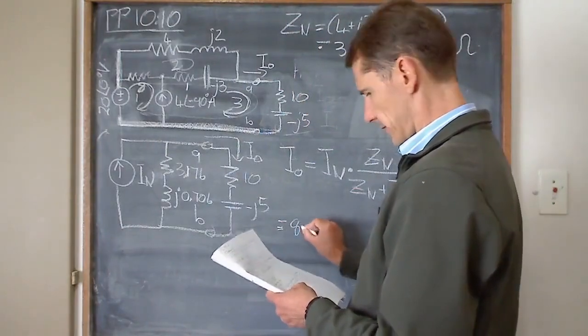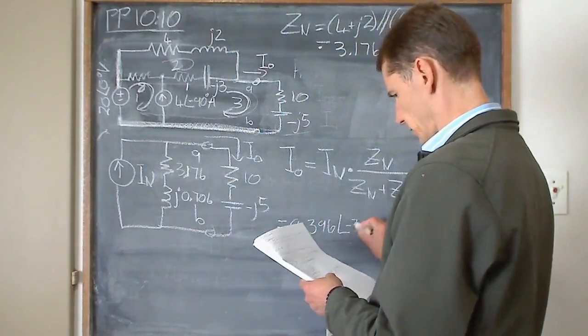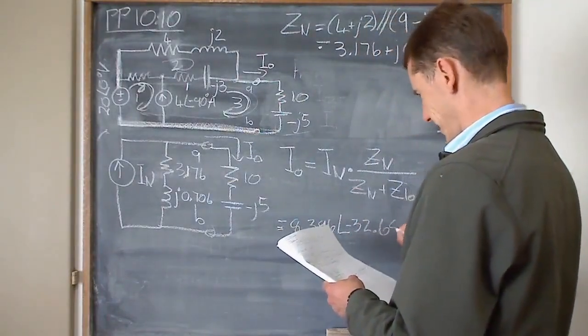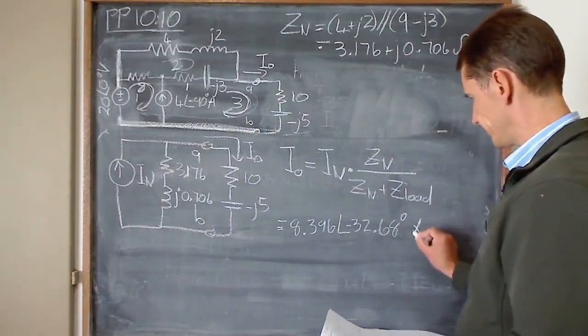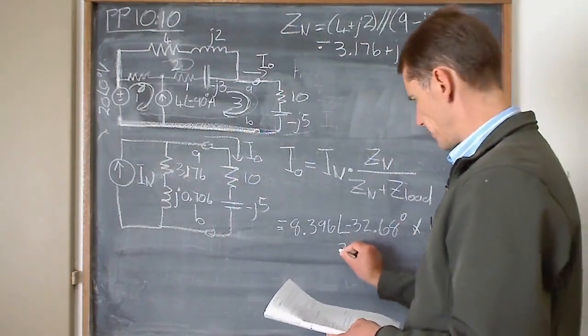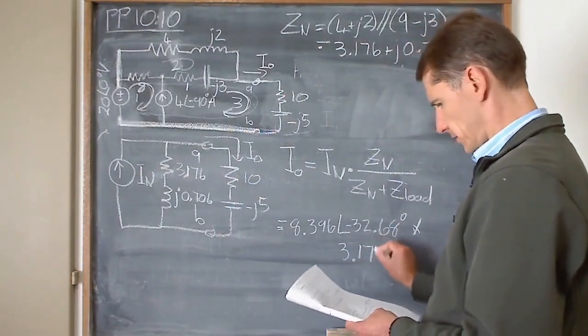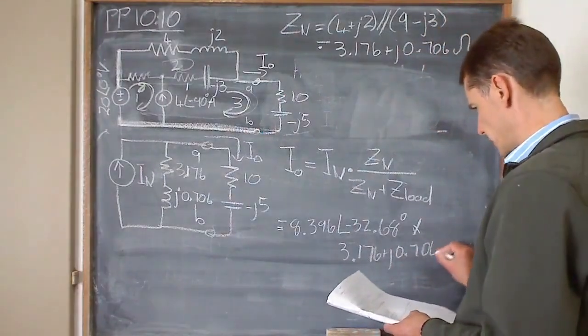So it's going to be the 8.396 angle minus 32.68 degrees. It's not going to fit. Multiplied with, now we're going to write that part, 3.176 plus J0.706.